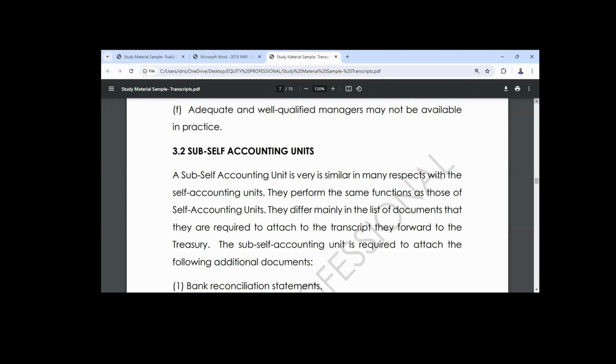FAN is under Ministry of Aviation. NMPC is under Ministry of Petroleum.